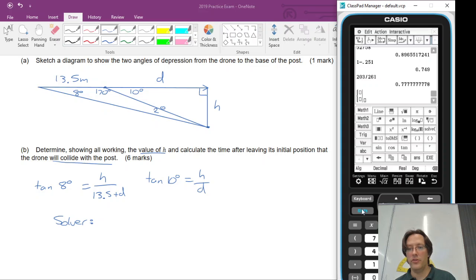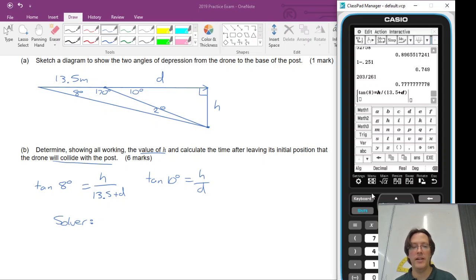So I'm going to do tan, that's shift 3, tan of 8 equals, and I'm going to use my proper variables here. That's going to be h divided by 13.5 plus d, just so I don't confuse it.